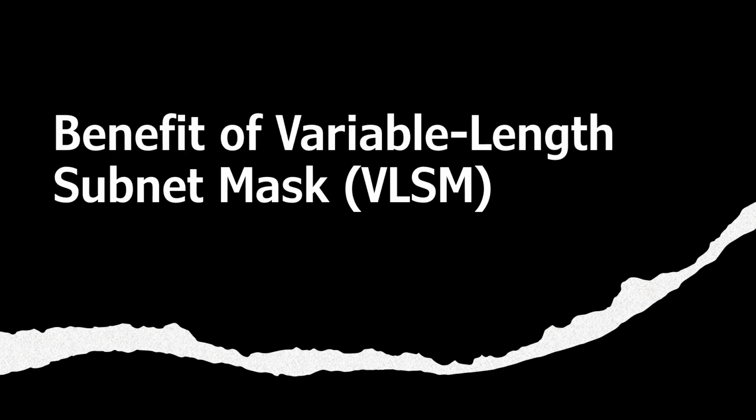Okay, and what is the benefit of using VLSM? It allows us to avoid IP wastage and use IP addresses more efficiently. If we compare with this real-world scenario, as we are going to build a house and allocate the space to the different areas like bedroom, kitchen, toilet, bathroom, we do not give an equal amount of space to each and every area, but we allocate different sizes according to the purpose.